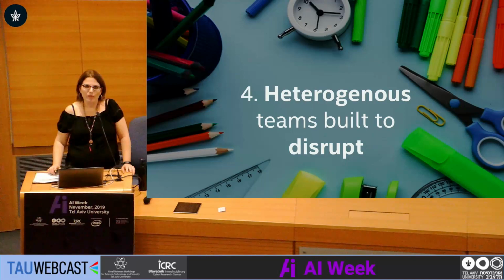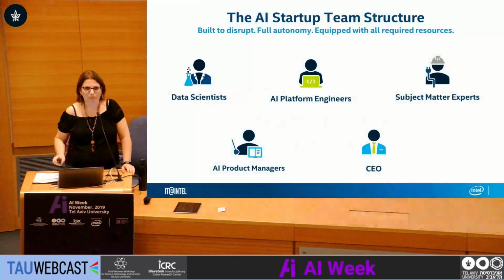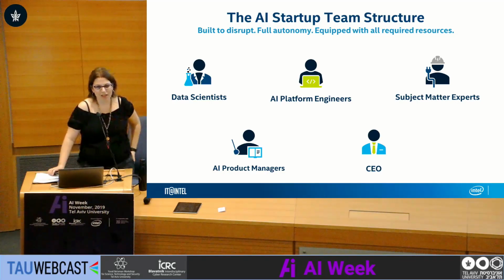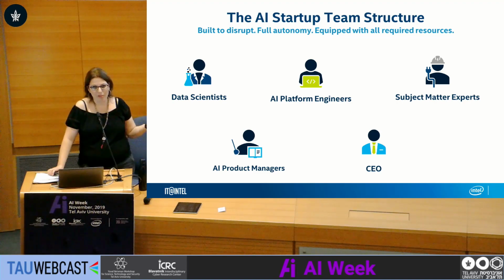The way the teams that are working on such a problem are built is in very interdisciplinary teams that have a lot of autonomy and a lot of ability to move simultaneously. So myself as a vertical manager, I have a lot of freedom and full autonomy in the way my team is built, so that I can go and create end-to-end solutions in production in a timely manner.